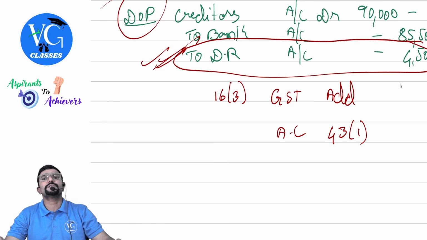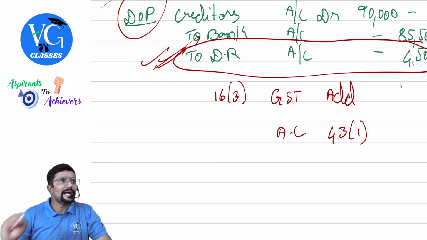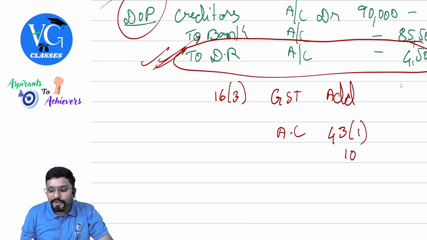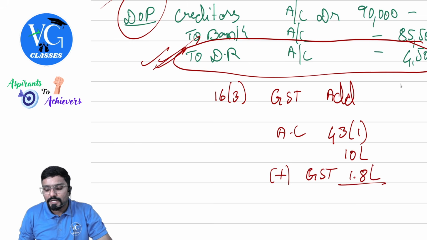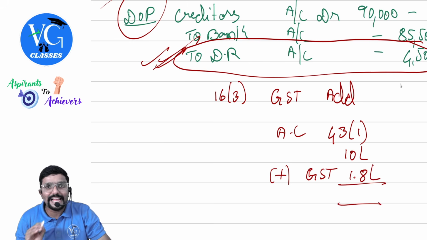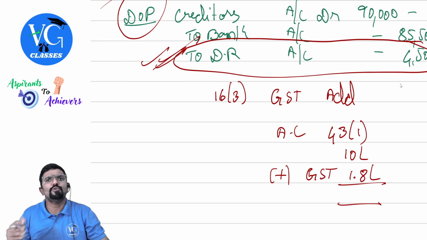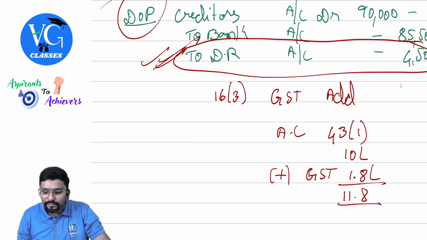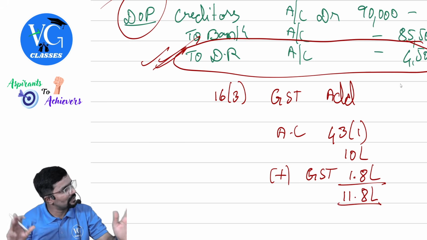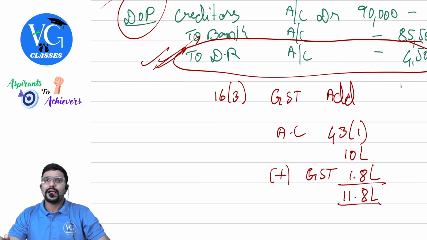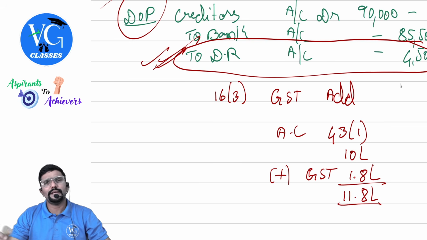Section 43 subsection 1. Assume, guys, I have purchased an asset for 10 lakh and paid GST of 1.8 lakh, 18%. Now you would have calculated the actual cost. You have two options under income tax. You can take the entire 11.8 lakh, add it to the block, and claim depreciation.